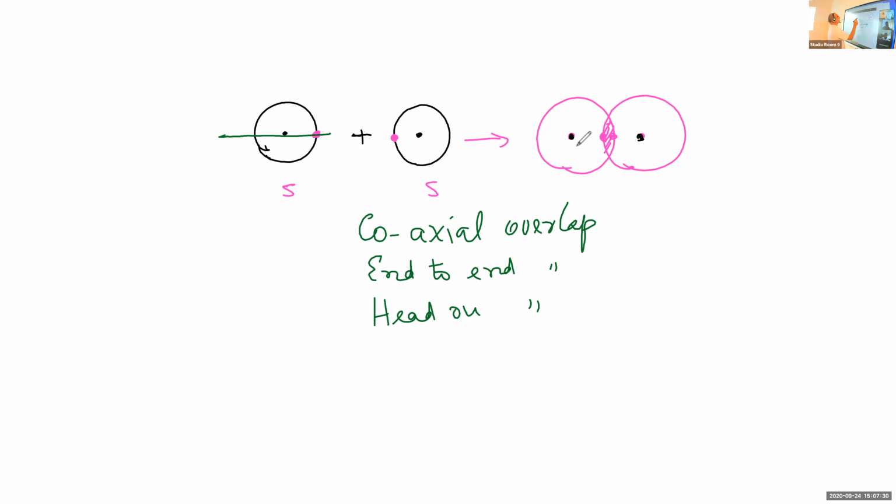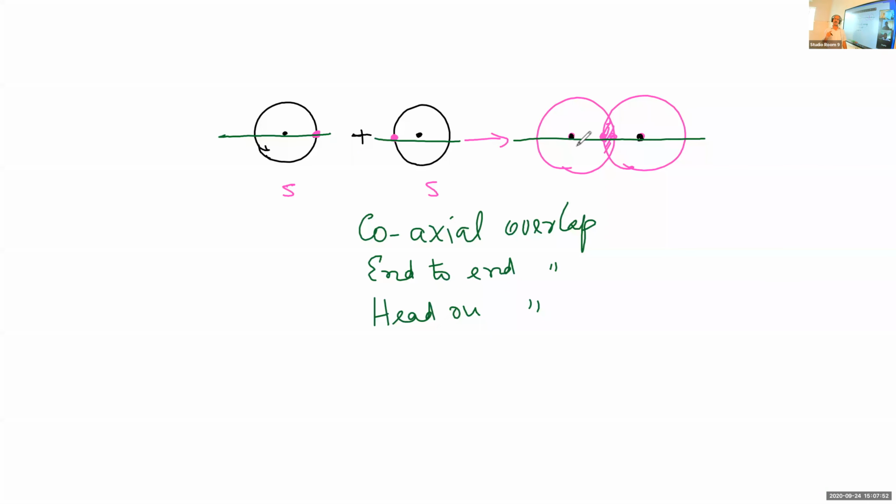And here, the axis of the second atom. And the two s orbitals are going to overlap in such a way that there is a common axis for both the overlapping orbitals.